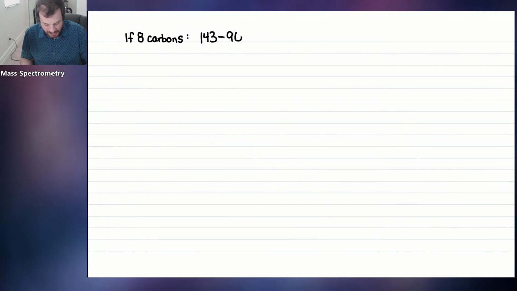Okay, let's just assume for a second 8 carbons. If there are 8 carbons, then our starting mass was 143, and we're going to subtract from that 96. Why 96? 96 is 12 times 8. 12 is the mass of carbon, and there's 8 of them. So we do 143 minus 96, and that is going to give us 47 AMU.